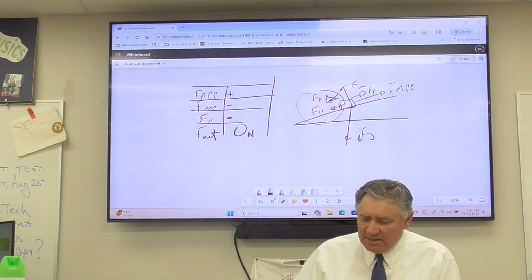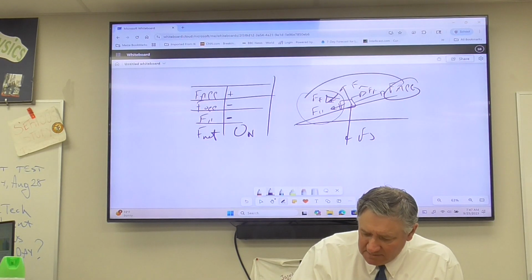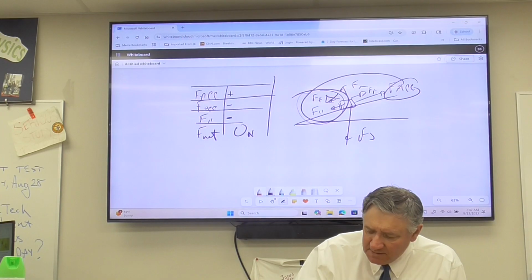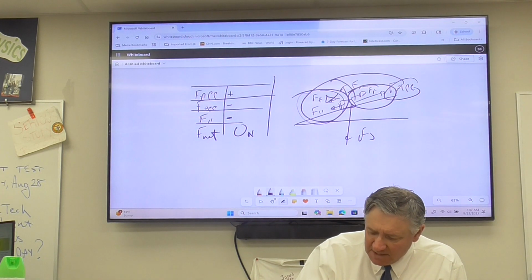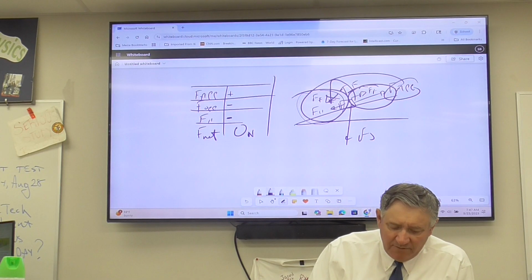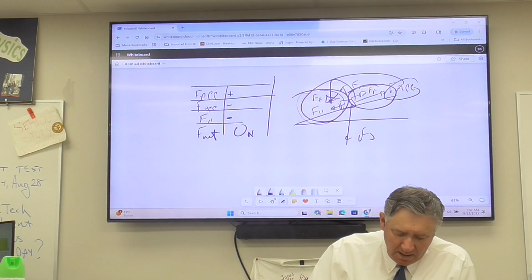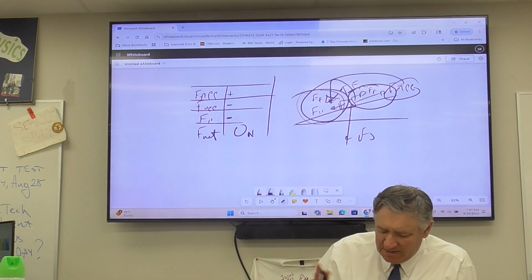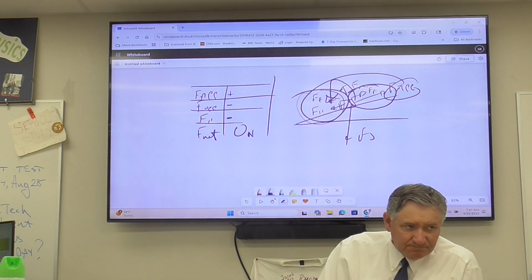On number 10, your force applied balances out the two forces going down the hill. On number 11, your force friction and your force applied balance out the force parallel. If all goes well, on number 11, the answer should be between like 6 and 8 newtons.